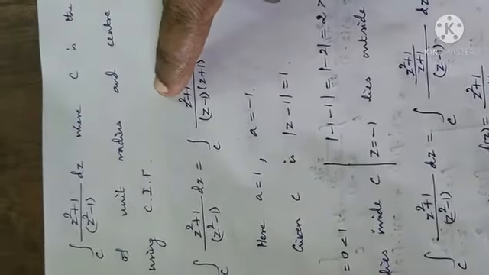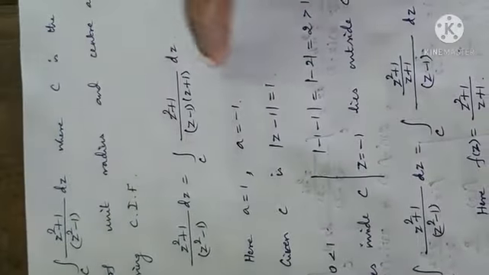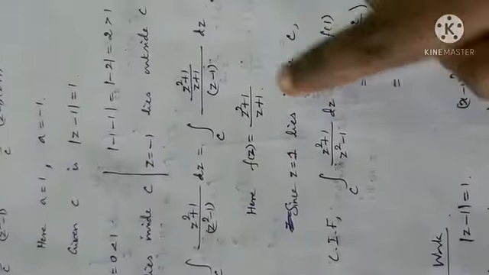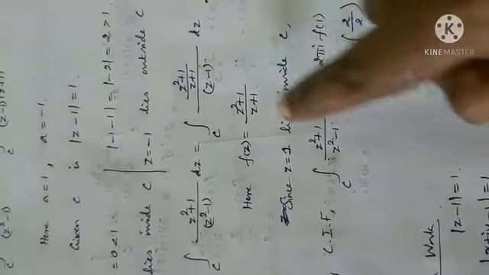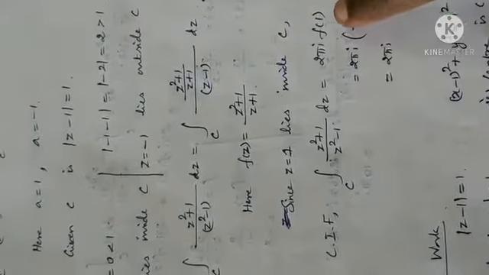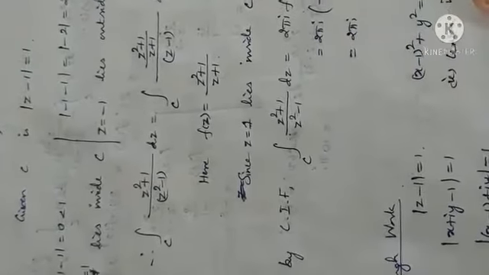Take this term to the numerator so that it becomes f of z. Denominator becomes z minus 1, which becomes z minus a. Since z equal to 1 lies inside c, by Cauchy integral formula, 2 pi I into f of a. Hence f of 1 is 1 plus 1 by 1 plus 1, 2 by 2, answer 2 pi I.